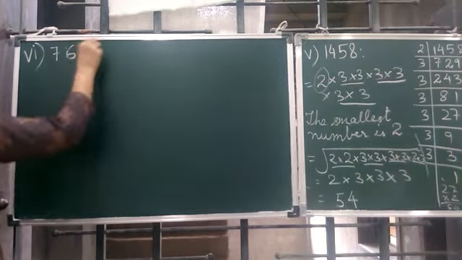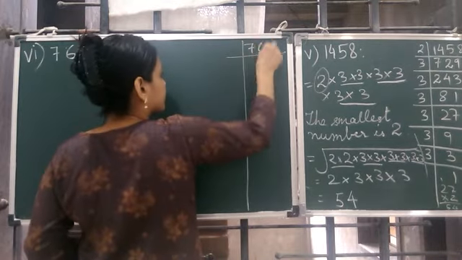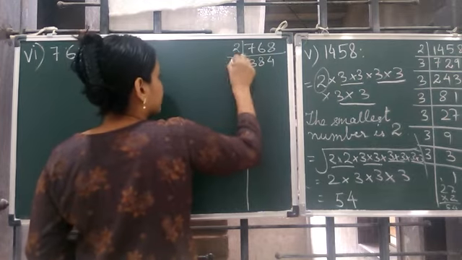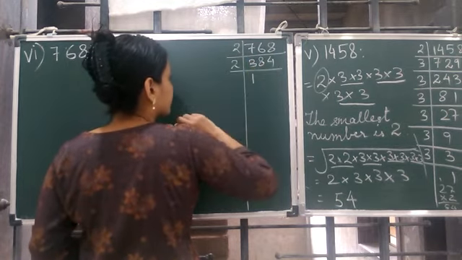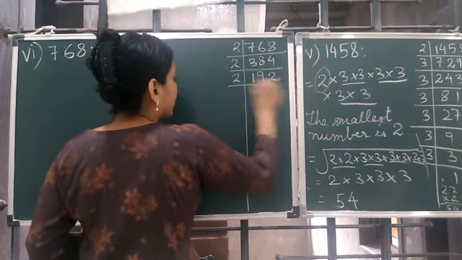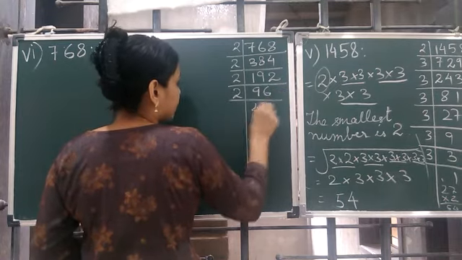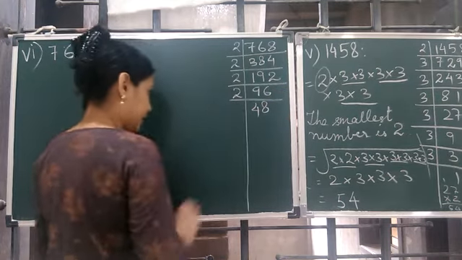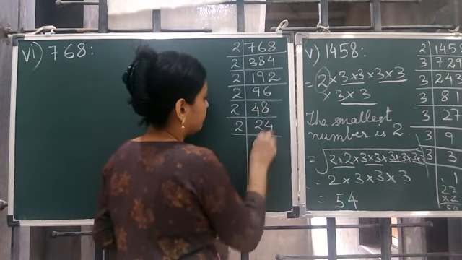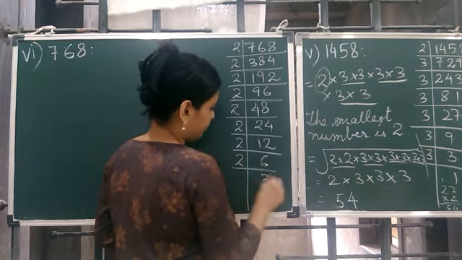Let's start. 2 3s are 6, 2 8s are 16, 4. 2 ones are 2, 2 9s are 18, 2. 9s are 18, 6. 2, 4s are 8, 8s are 16, 24, 12, 6, 3.